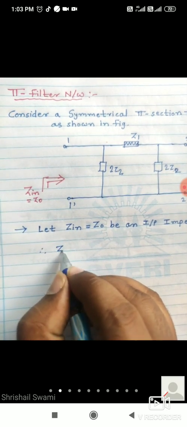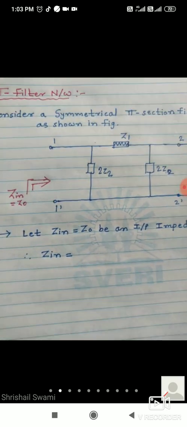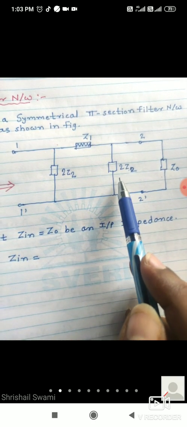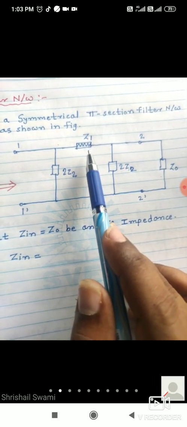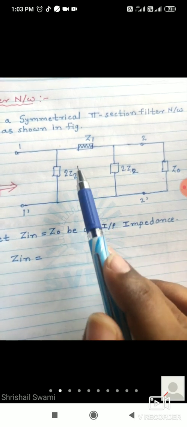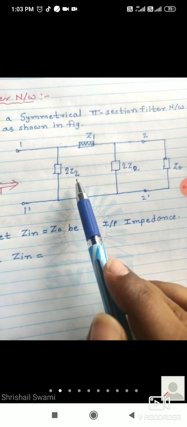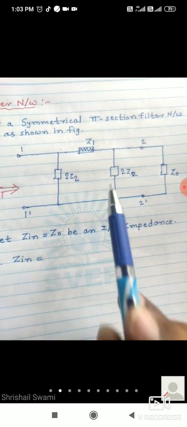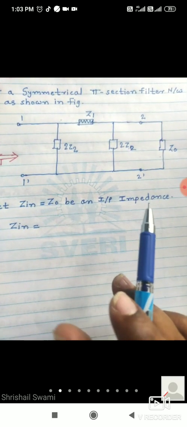So you can start to calculate Z in. How are the impedances connected here? These two are connected in parallel, that is connected in series with Z1, then that is again connected in parallel with 2Z2. So it is difficult to calculate now. Somewhat the derivation is complicated, but it is easy to understand.